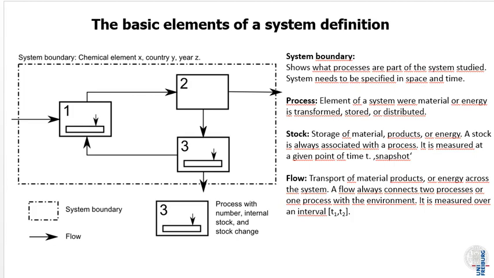We have the processes, which are elements of the system where material or energy is transformed or stored or distributed. We have the stocks, which are amounts of resources that are stored somewhere for a certain amount of time. And we have the flows that show us where material or energy are transported from one process to the other over a certain time.